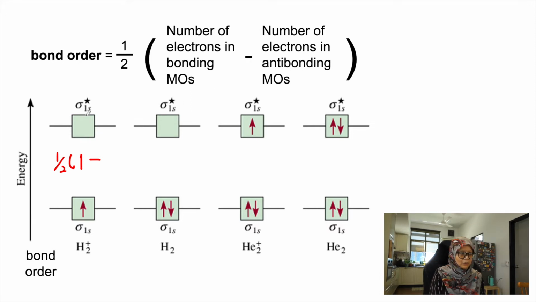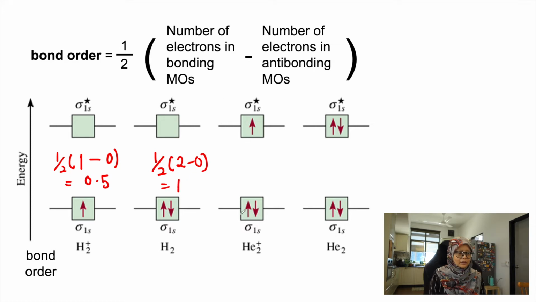We have 0 electrons in anti-bonding, and the answer is 0.5. For the next one, the bond order is half times 2 minus 0, equal to 1.